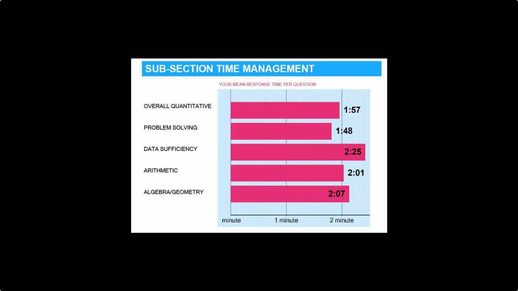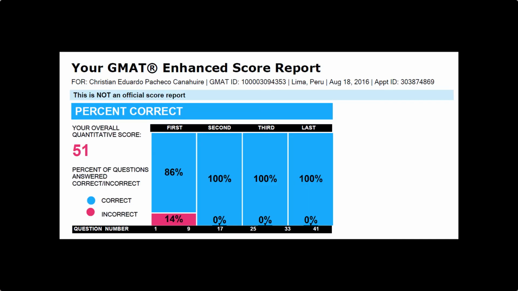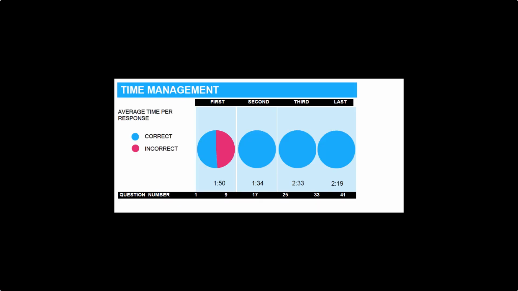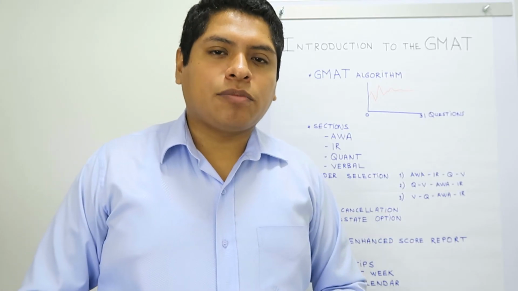You can also see the questions divided in blocks of about 10 questions each, more or less 9, and how you performed in each. You can also see the difficulty level of each block of questions, and how much time you took in those blocks. So that was the enhanced score report.